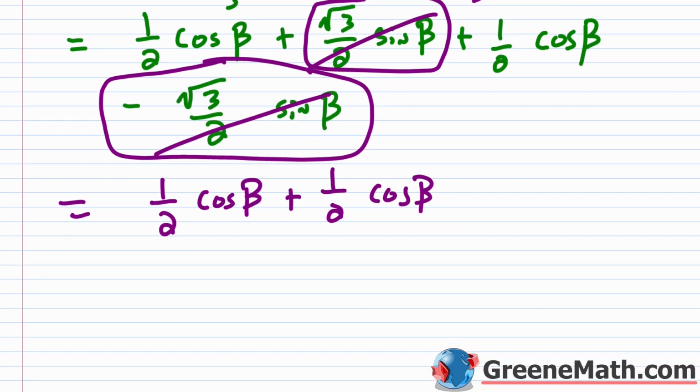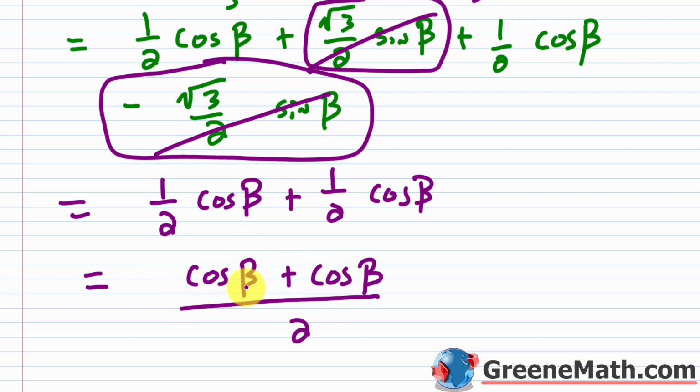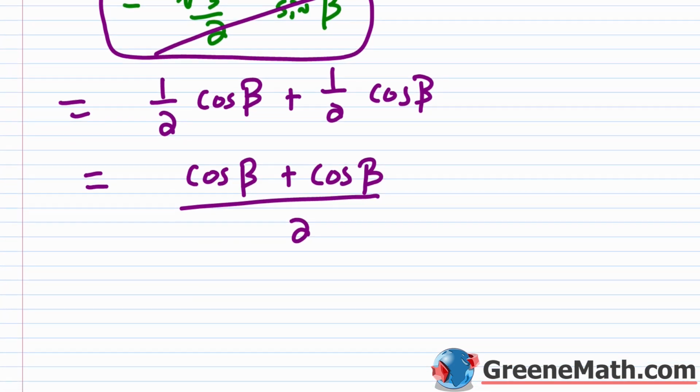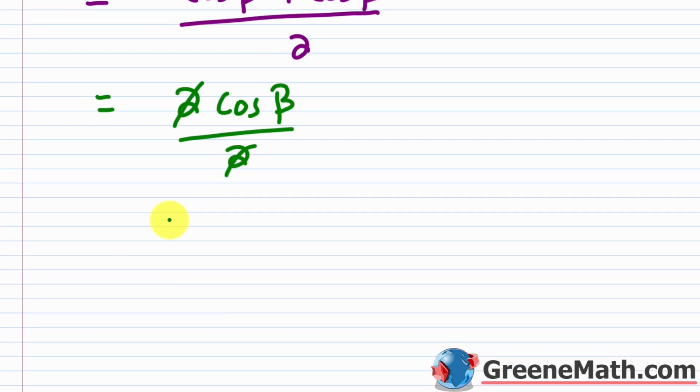If you have a half of something plus another half of something, you have one of that thing. You could say this is the cosine of beta plus the cosine of beta over 2, and you have 2 of this. So we have 2 times the cosine of beta over 2, and we can cancel that. Lastly, we have the cosine of beta, and so we've verified our identity.